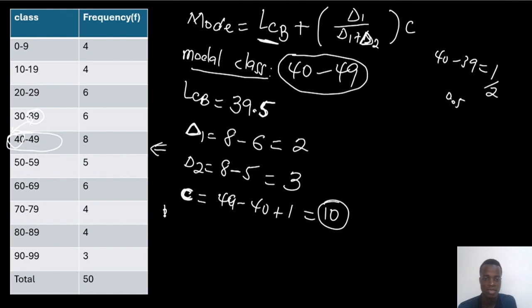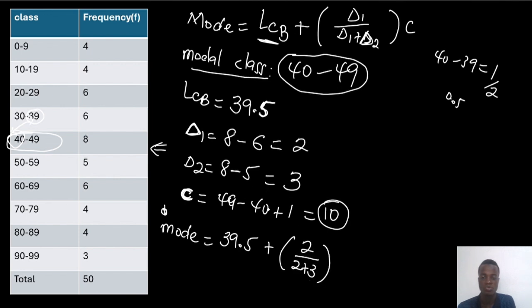Now let's find the mode. We go back to the formula: the lower class boundary, which is 39.5, plus change in 1, which is 2, over 2 plus 3, where 3 is change in 2, times the class size, which is 10.